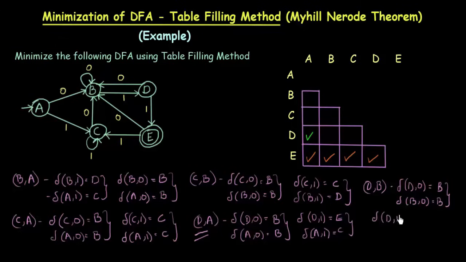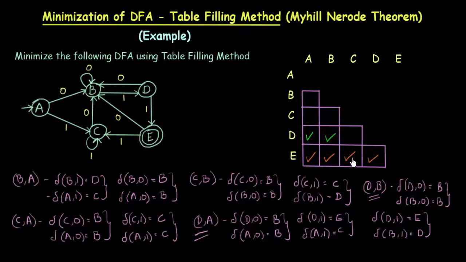D on input 1, where does it go? It goes to E. And where does B go on getting input 1? It goes to D. Now we get a pair called ED. Now check if ED is marked. ED, yes, ED is also marked. Now since ED is marked, I have to also mark DB. So let me mark DB. This is DB, so it is marked now.